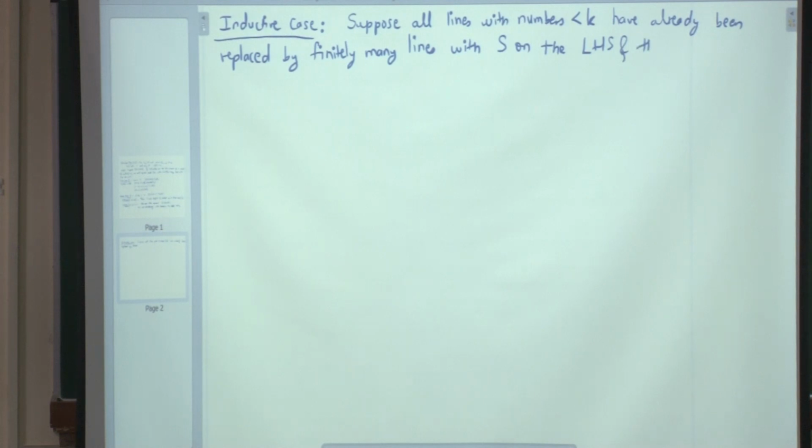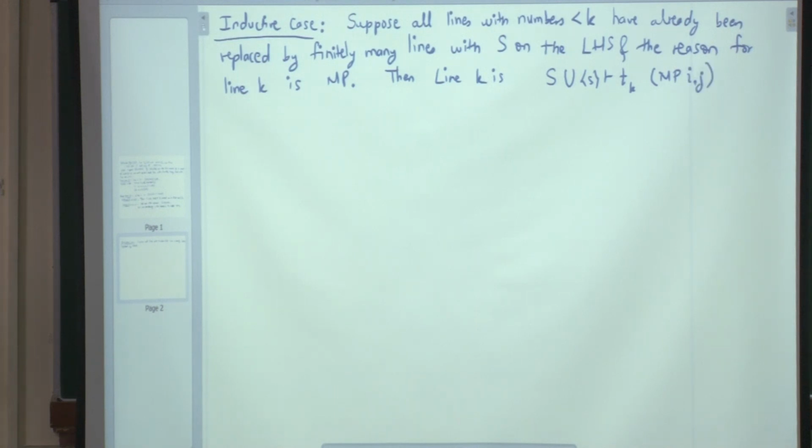And the reason for line K is MP. Then line K is S union singleton S proves Tk, by MP. But it has to be MP on some i and j. So what would be line I?